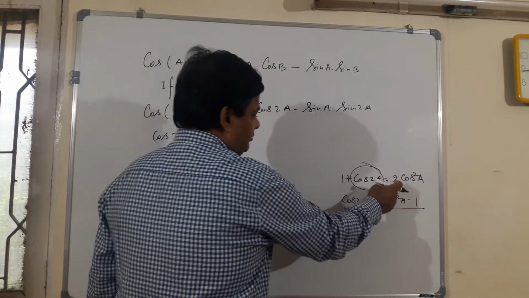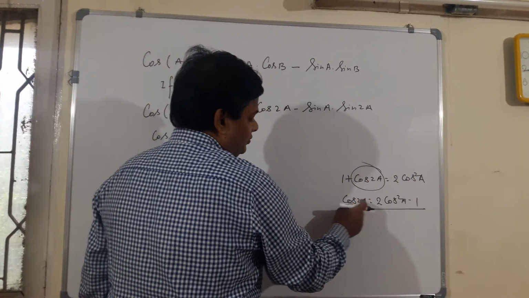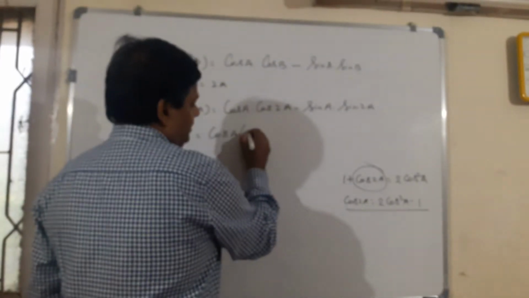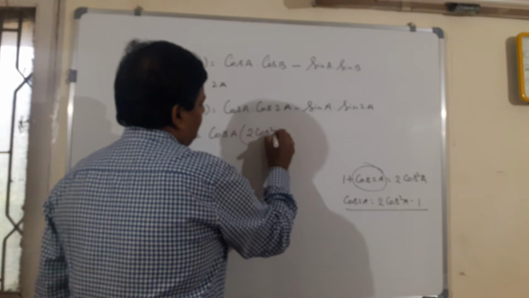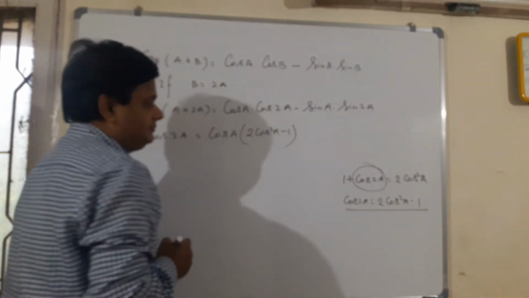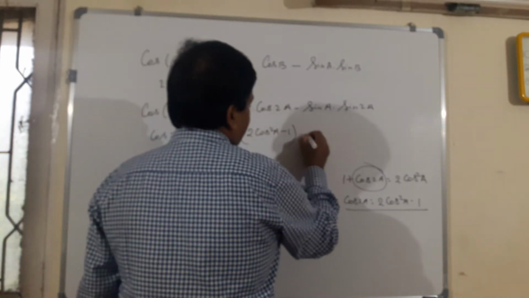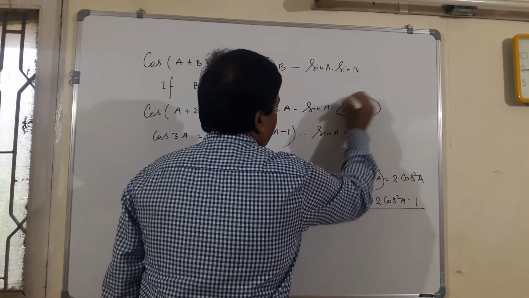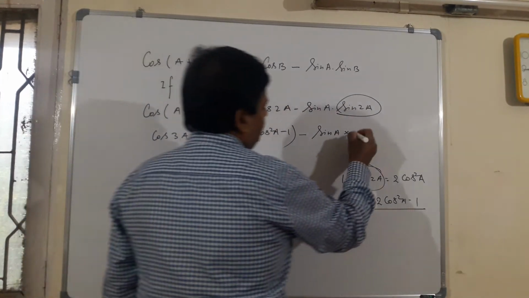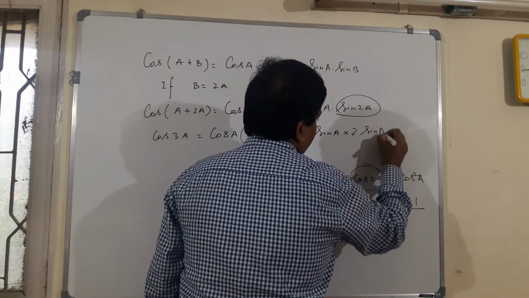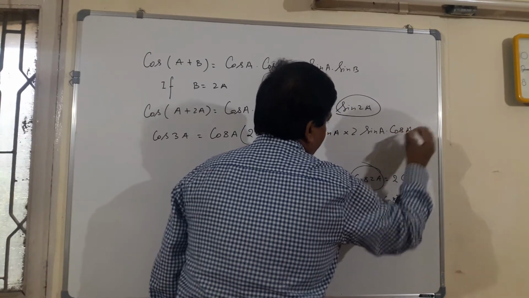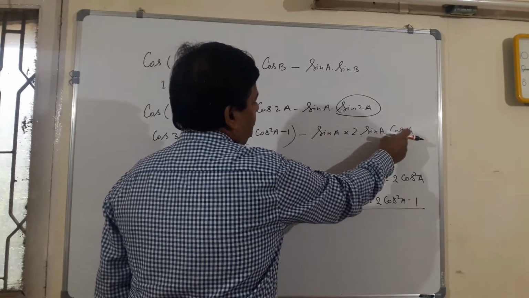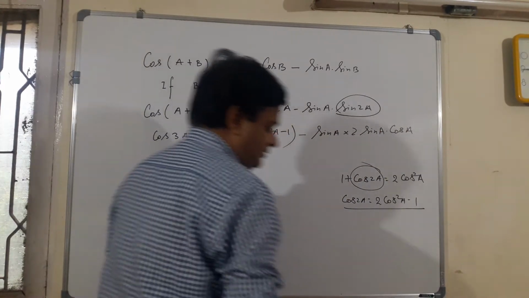So put here 2 cos square a minus 1, minus sin a into sin 2a, and sin 2a we can write as 2 sin a into cos a.